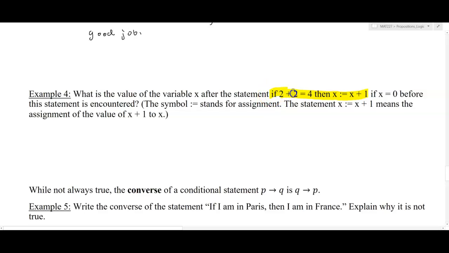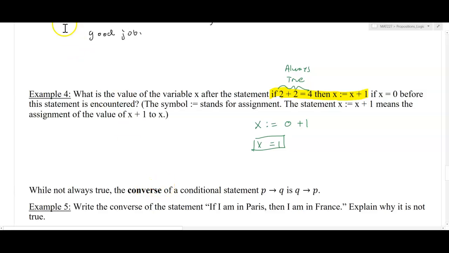Well, the statement 2 plus 2 equals 4 is always true. And when the condition happens, the conclusion must follow. Therefore, x is going to be assigned the value of x plus 1. So x will now equal 1 coming out of this if-then statement.